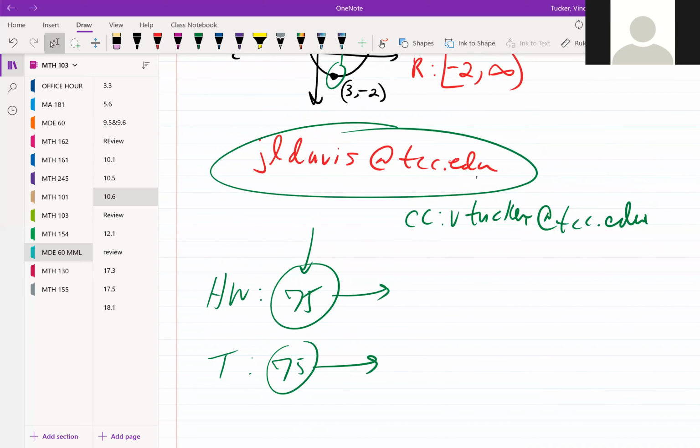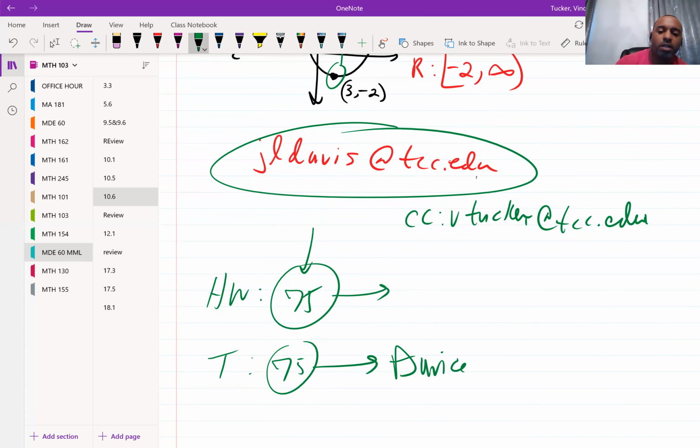So for that practice quiz, we don't have to contact Mr. Davis for it. We just do it on our own. Yeah, and it should be set for an infinite number of attempts as well, so you should be able to do that freely. But the test is the only thing you have to contact Mr. Davis about. I can spell his name, right?